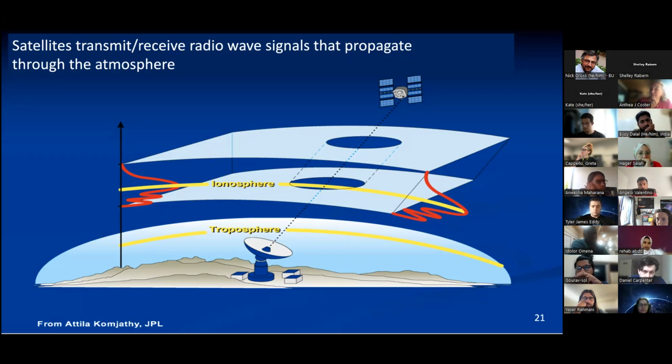They knew they could remove it if they made GPS dual frequency, and that's why they did it. They wanted to take out the ionospheric effect and not have to worry about it. You have to predict the troposphere, but to first degree that's fairly easy. But the ionosphere, you can actually measure the effect if you have the two frequencies.